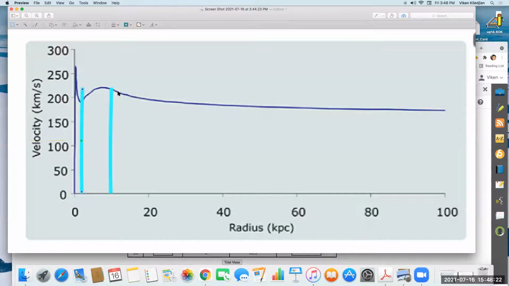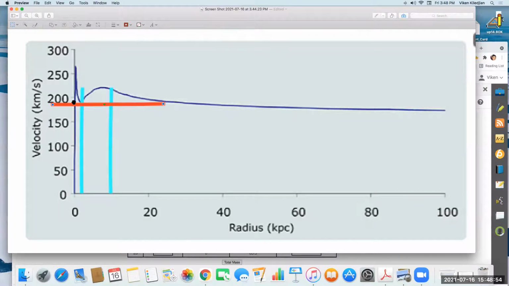So then I could make another one. Ah, nice. See right there? So that's about a speed of what?